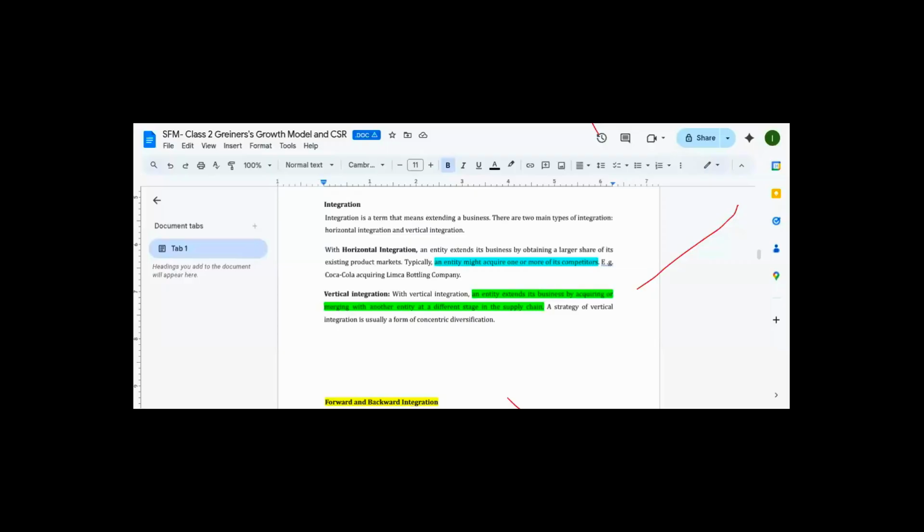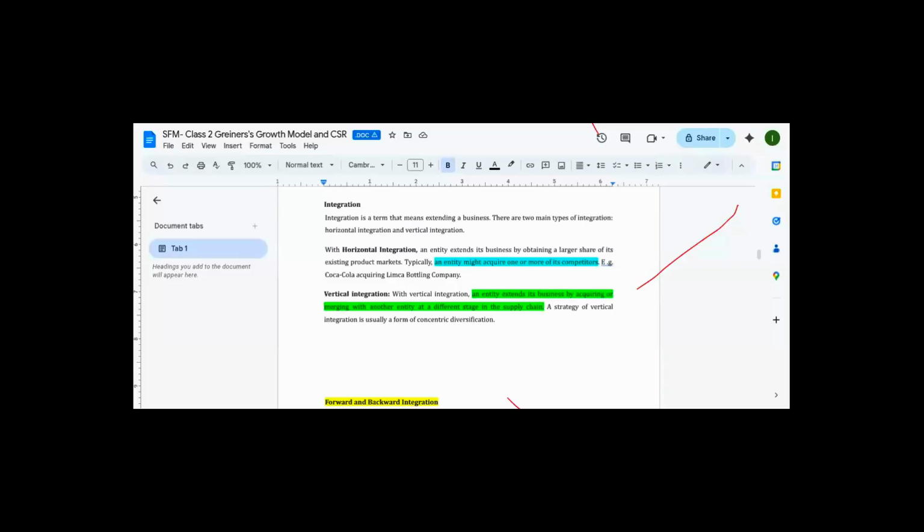So the scholar says that we have four major strategies: one, market penetration strategy; two, market development strategy; three, product development strategy; and the fourth one is diversification strategy. Is that understood? That's the reason why we are going to meet it there, so that we can do justice to it.